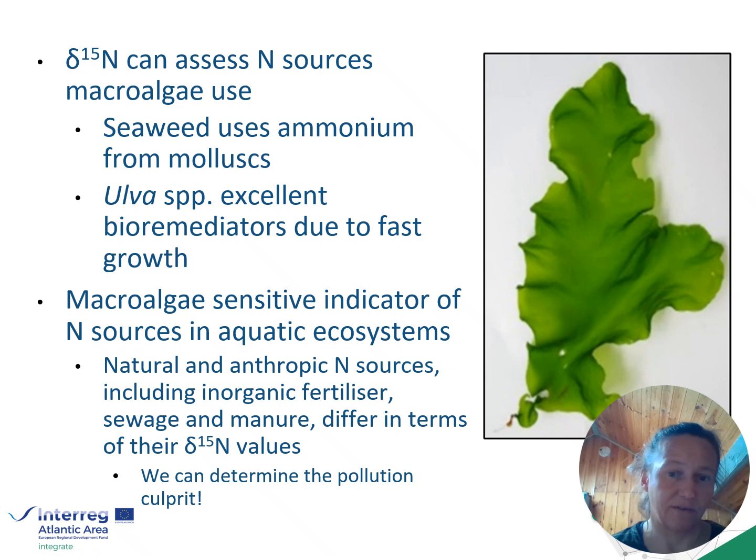And macroalgae are a very sensitive indicator of nitrogen sources in aquatic systems, and natural and anthropogenic nitrogen sources, including inorganic fertilizers, sewage and manure, differ in terms of their delta 15N values. So we can often determine the pollution culprit.